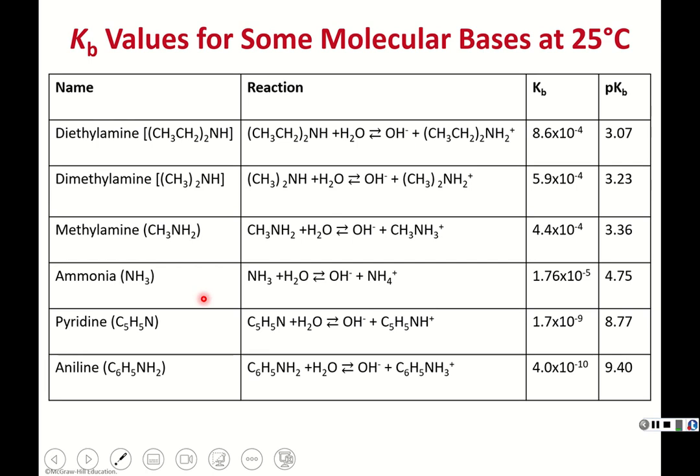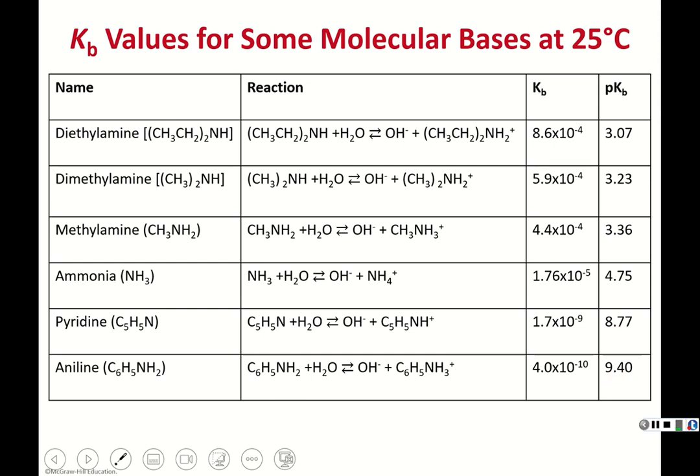Here's just a table of some Kb and pKb values. You'll notice that if the Kb is higher, that means it's a stronger base. As the Kb gets lower, you'll notice that the pKb gets higher.